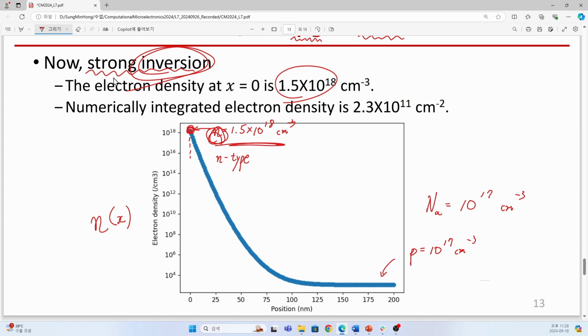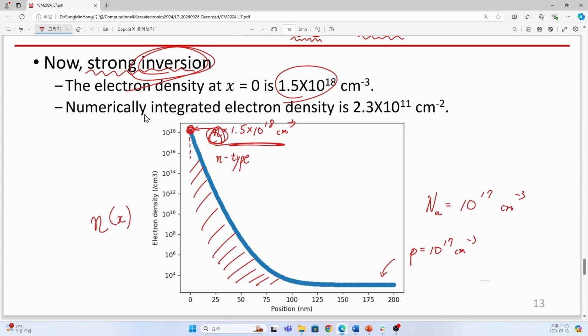Okay, so now we have an inversion charge, and when we make the numerical integration all over this, of course this is drawn in a semi-logarithmic scale, but we have to do it in a linear scale.